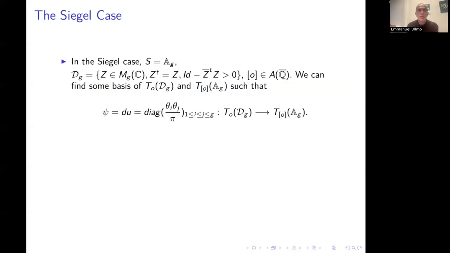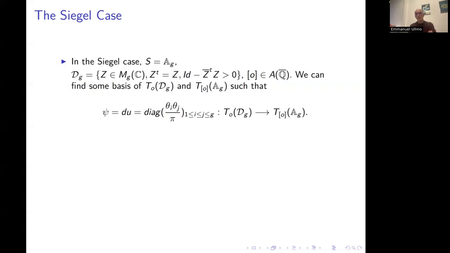So in the Siegel case, the bounded realization is given by matrices with coefficients in C, but which are still symmetric, but with the property that the identity minus the transpose of Z bar times Z is positive definite.